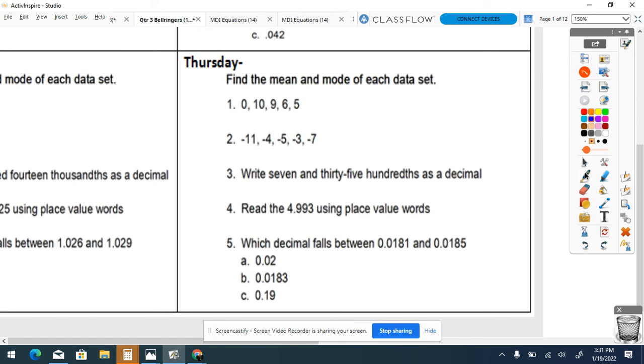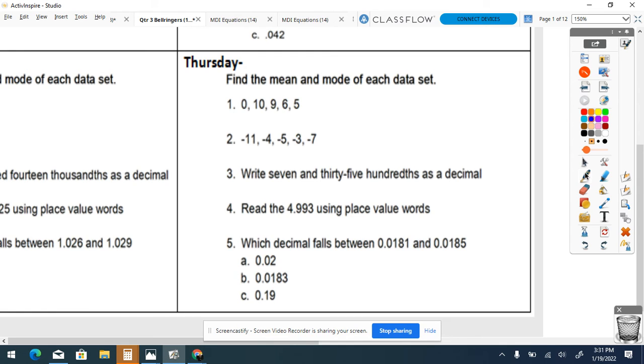All right, go ahead, pause the video, find the mean for number 1 and number 2. All right, so remember the mean, we add them all up and divide by how many there are.